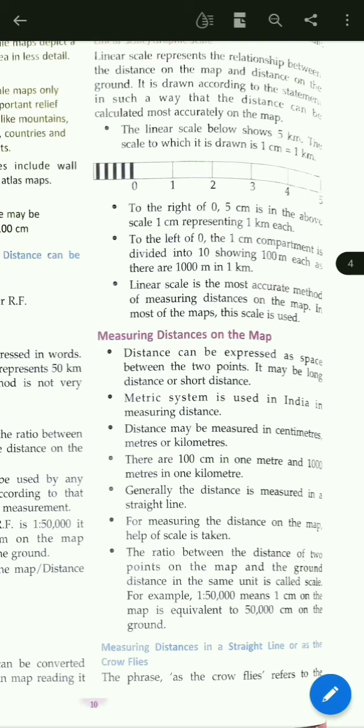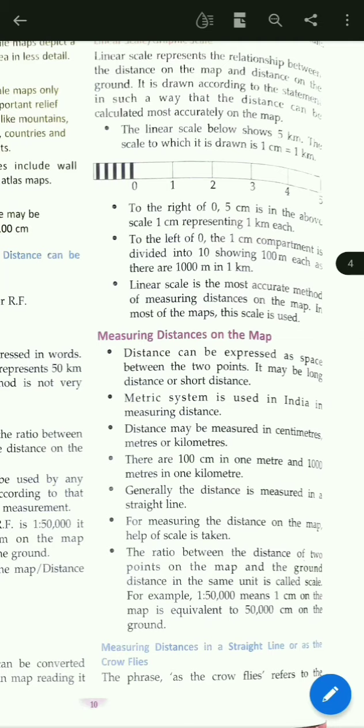So to the right of 0, 5 centimeter is drawn. 5 centimeter is in the above scale, 1 centimeter representing 1 kilometer each. To the left of 0, the 1 centimeter compartment is divided into 10, showing 100 meter each, as there are 1000 meter in 1 kilometer.